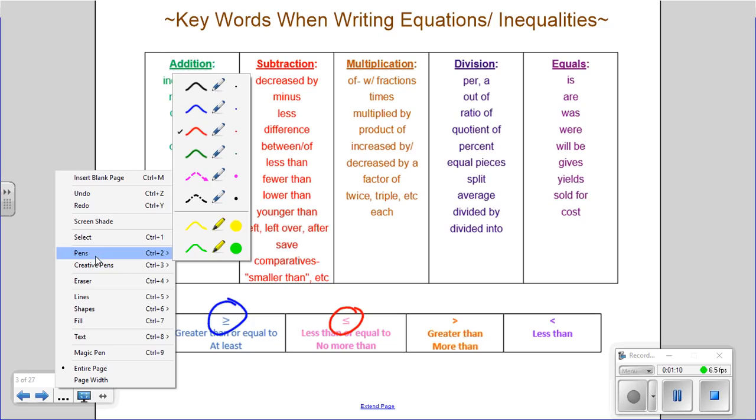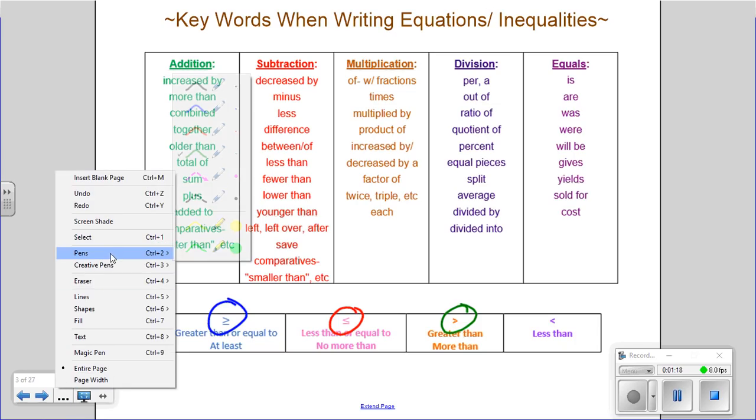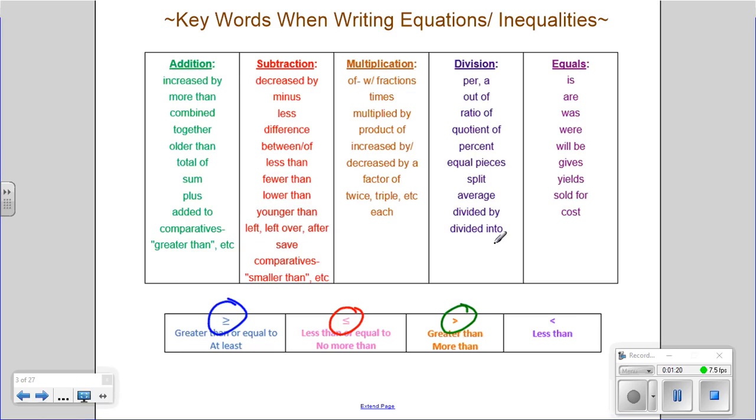If it says greater than or more than, use the greater than sign. And lastly, if it says less than, just use the less than sign. But don't forget the other phrase keywords from, again, equations. So it'll show you how you should set it up as well.